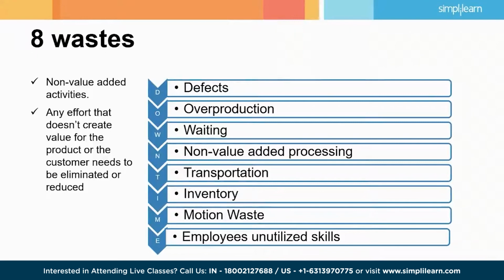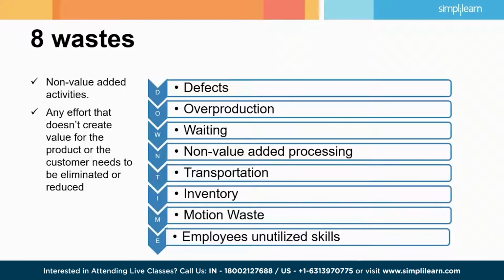So here in the improve phase, as I said before, is where we're going to start using the lean tools. These lean tools are going to help you basically to reduce the 8 wastes that every company can have. The 8 wastes are non-value-added activities, which is any effort that doesn't create value for the product or the customer, that needs to be eliminated or reduced.